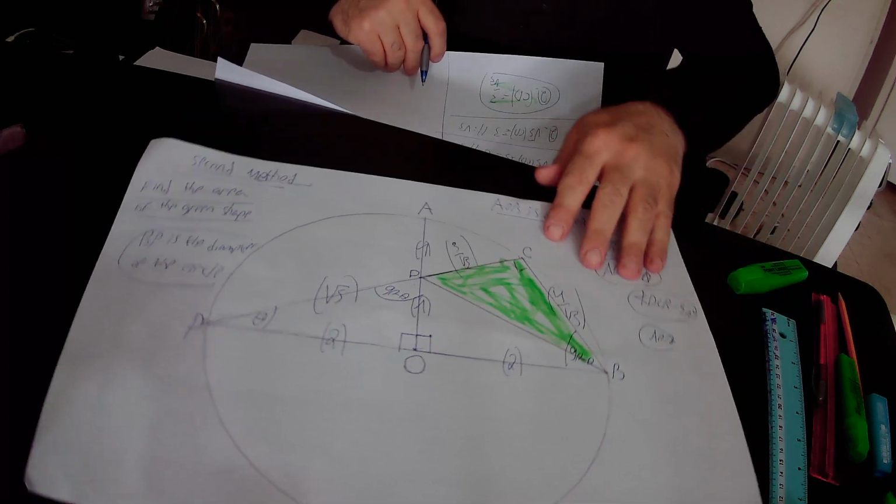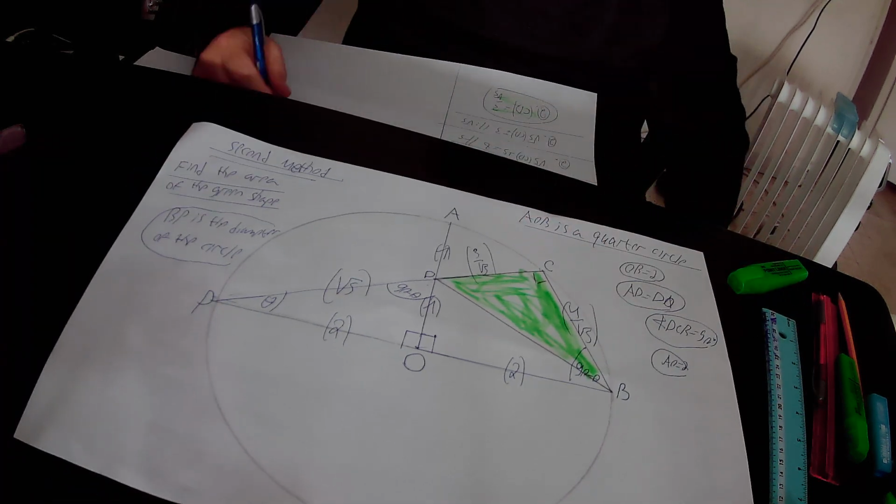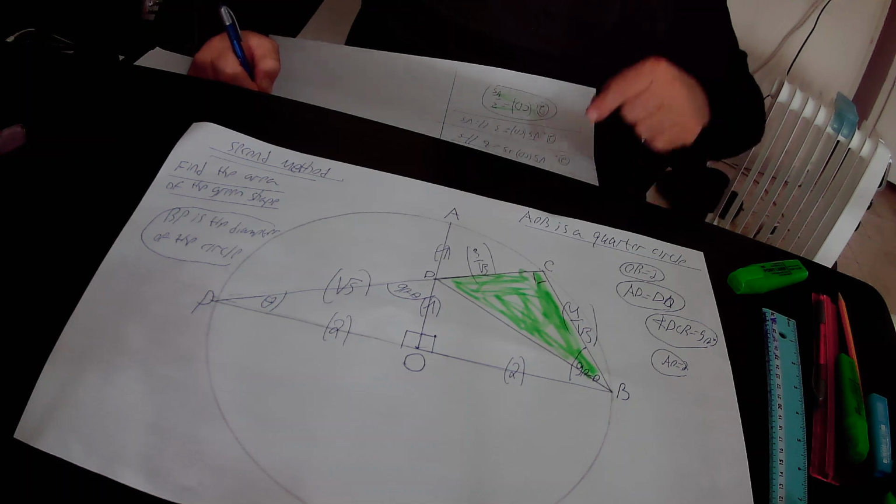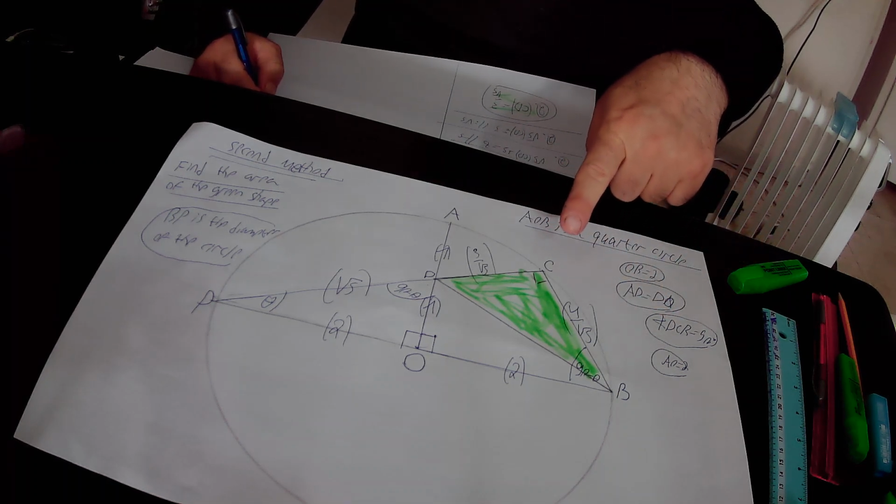Again, we choose the base as CD, and the height is CB because it creates 90 degrees with the base.